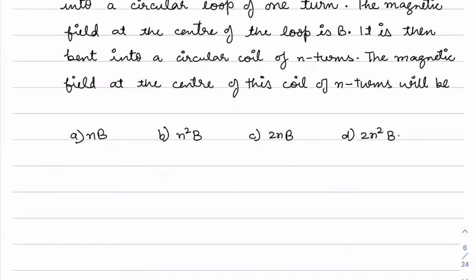The spelling of steady is wrong. I'm bending it into a circular loop of 1 turn. The magnetic field at the center of the loop is given to me as B. It is then bent into a circular coil of radius n turns. The magnetic field at the center of the coil of n turns will be.